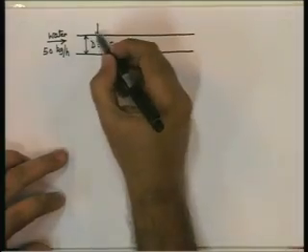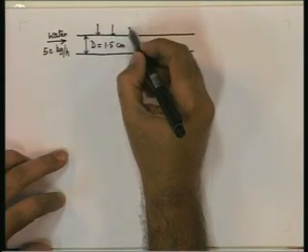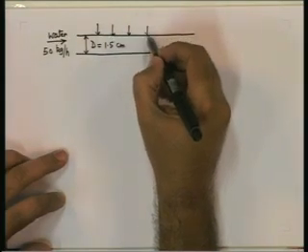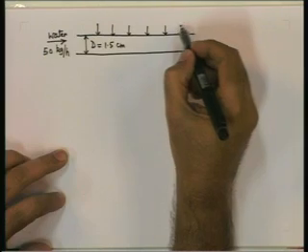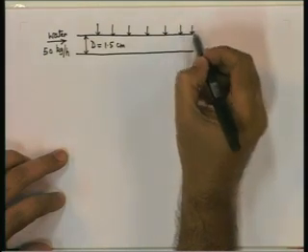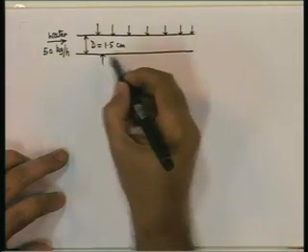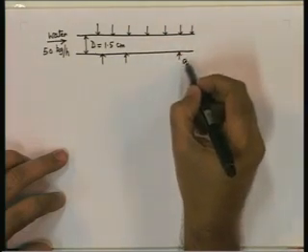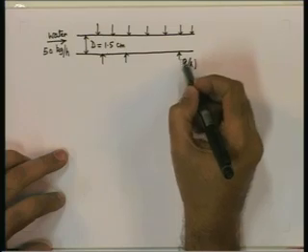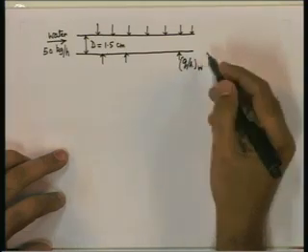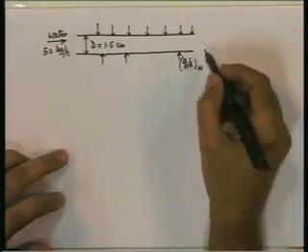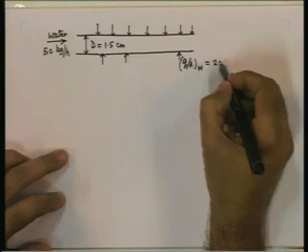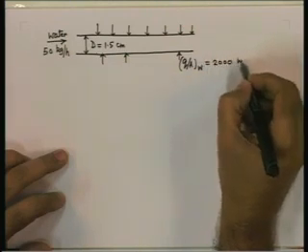The tube is heated uniformly at a uniform heat flux of 2000 watt per square meter.